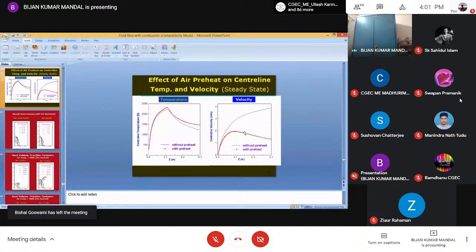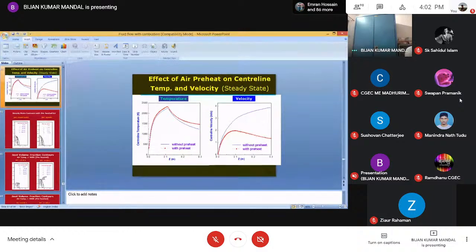This is very important. Now look here, the center line temperature and center line velocity. Center line velocity means at r equal to 0, that is the axis, for different heights as it goes out. The temperature is almost more or less the same, but with the preheated air it will be slightly higher, obviously, because more heat is available here.